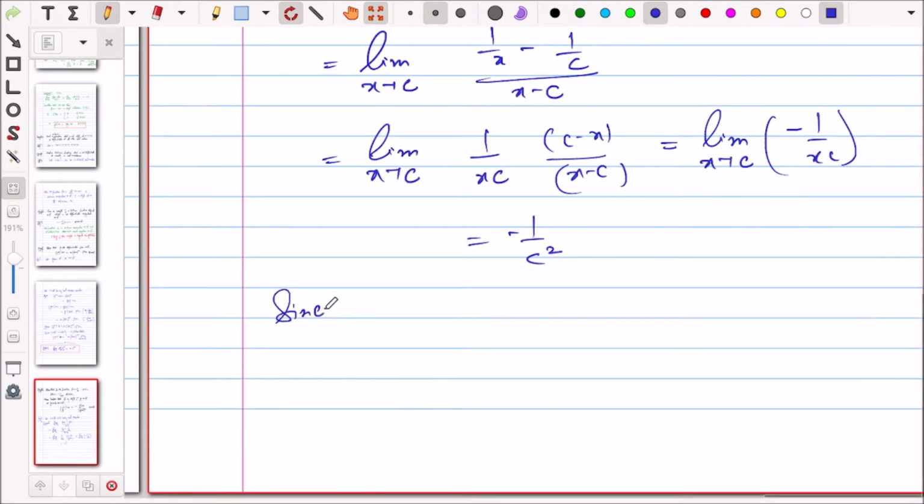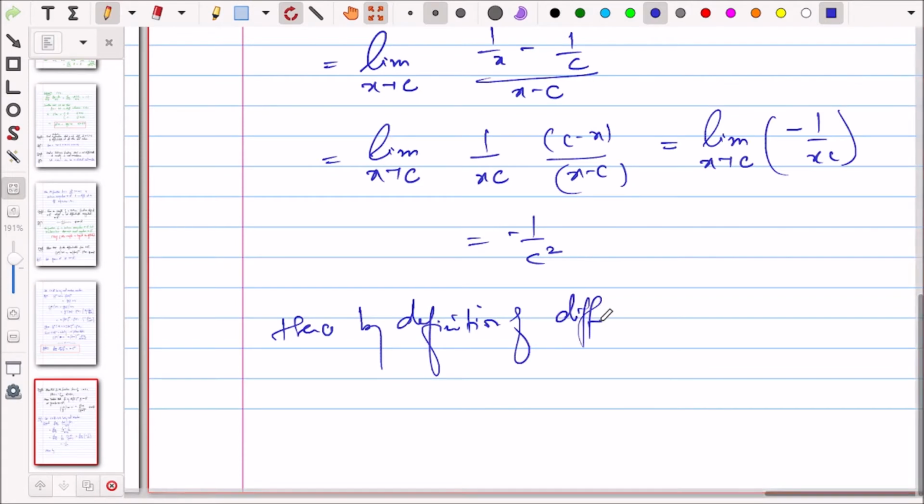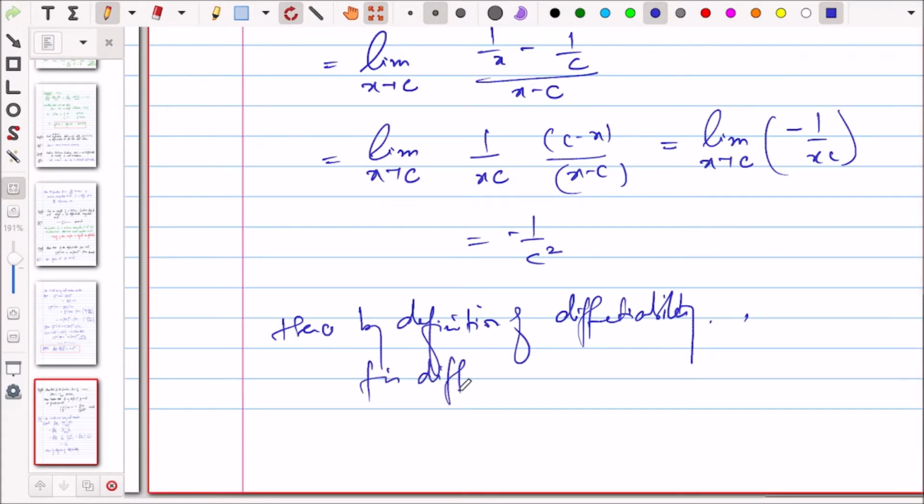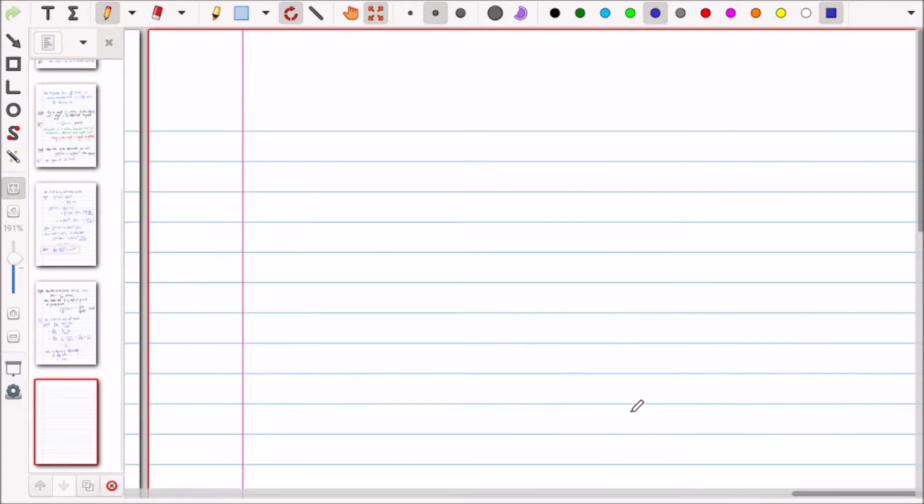So you get minus 1 by c square, right? So since c belonging to R is arbitrary, hence by definition of differentiability, f is differentiable at c and f dash c is equal to minus 1 by c square, right?